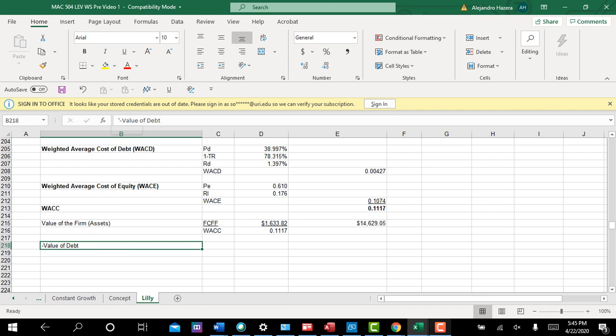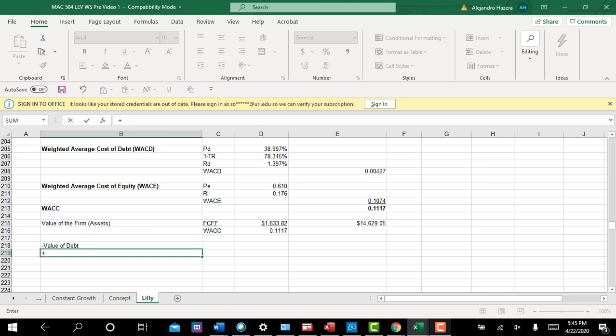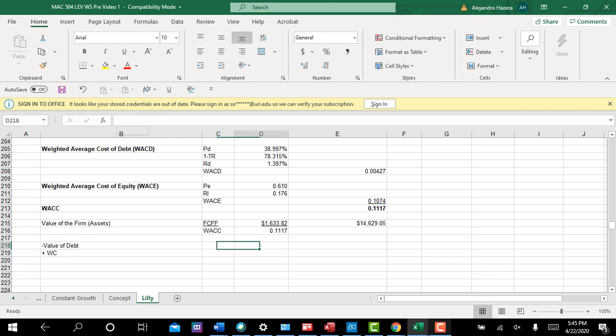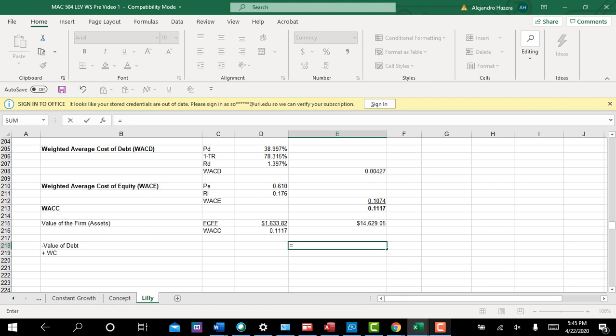And then just like I did above, I'm going to add basically working capital, so plus working capital. Okay, so the value of the firm is 14,629.05. Now this is equal to minus the value of debt.